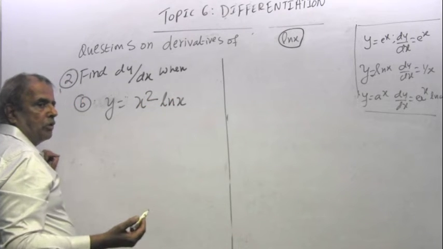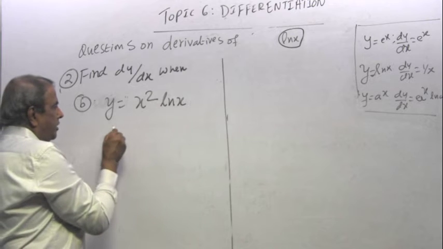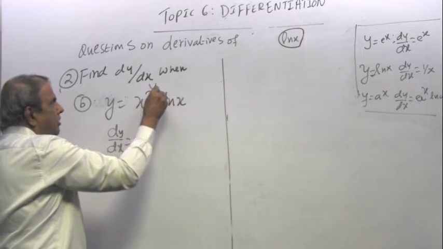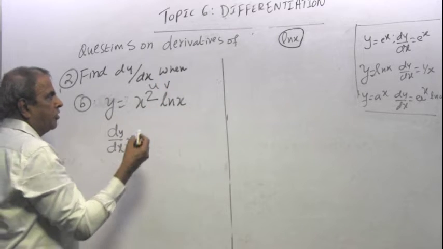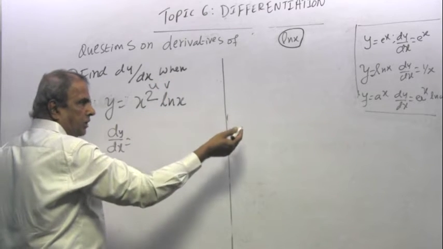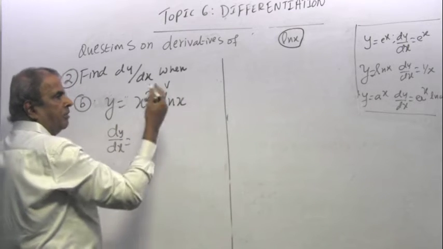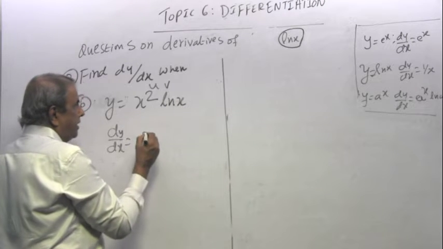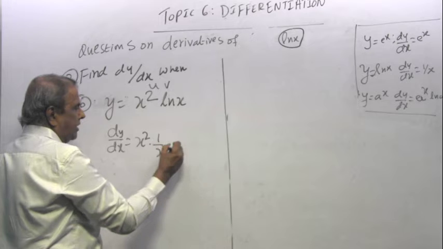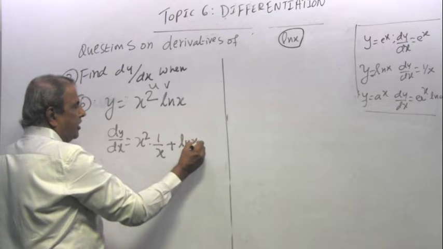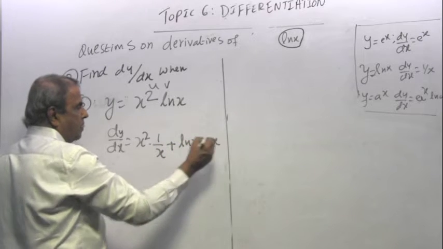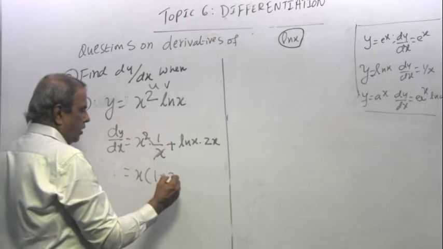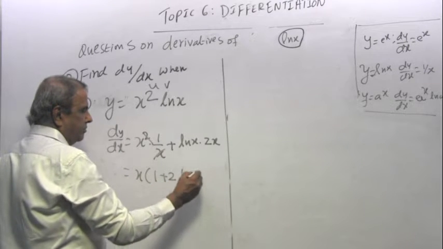The moment you have a product, use the product rule. So dy by dx equal to, look, you must get used to applying it, otherwise call u equal to x squared, v equal to ln x, find du by dx, find dv by dx. So u is x squared, dv by dx is 1 over x, plus v is ln x, du by dx is 2x. So I can remove x as a common factor, 1 plus 2 ln x.